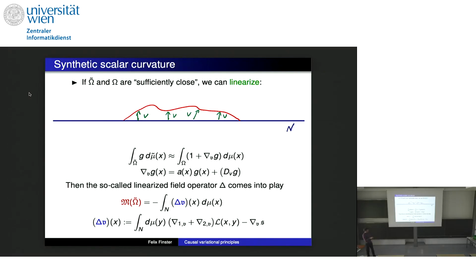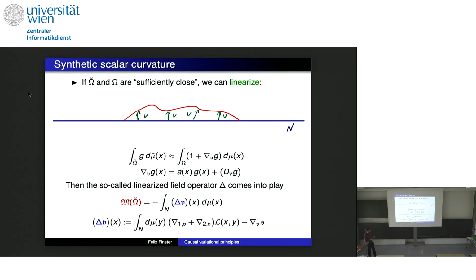So this is why what we get here is what we call jets. This is a combination of a scalar function, which changes the weight, and of a directional derivative, and the vector field tells us how the support changes. Okay, and now if you linearize, then this positive quantity can be written like this.